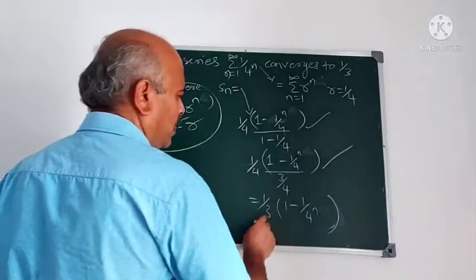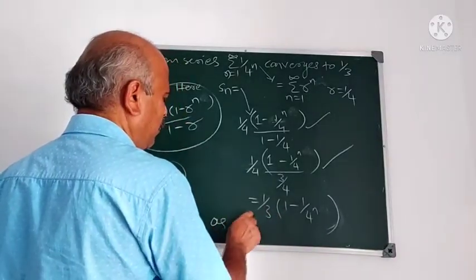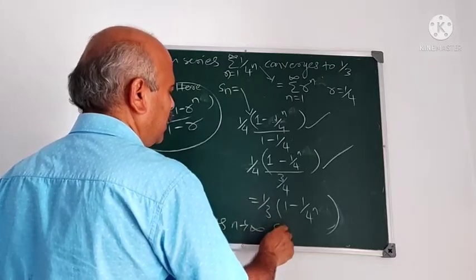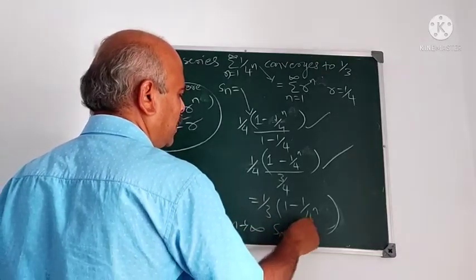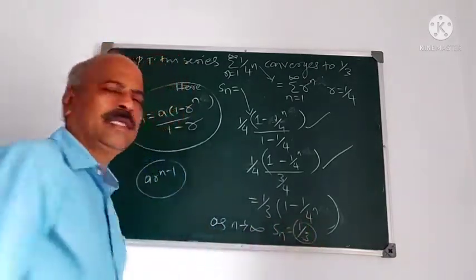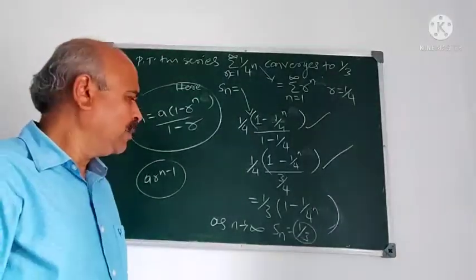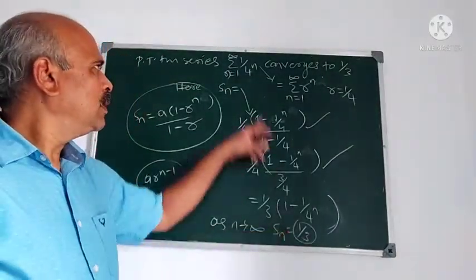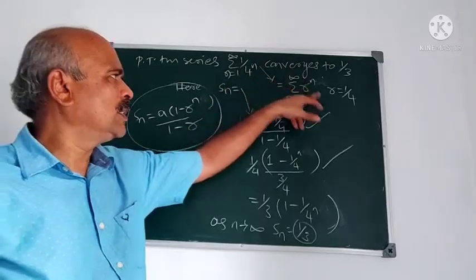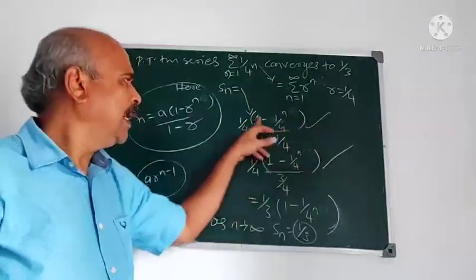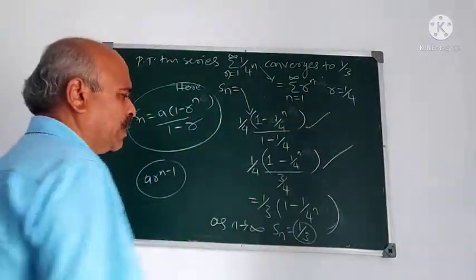So as n tends to infinity, Sn is 1 by 3. Therefore, this series of 1 upon 4 raised to n converges, and it converges to 1 by 3.